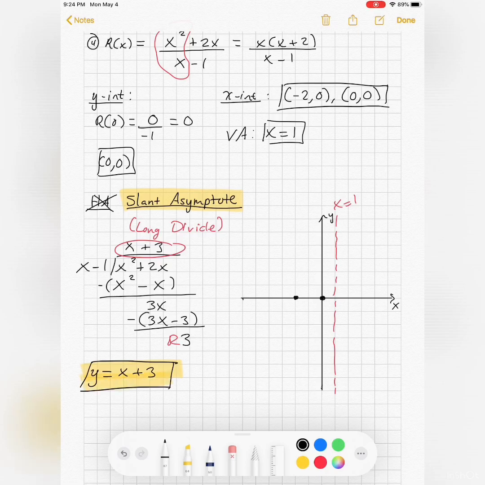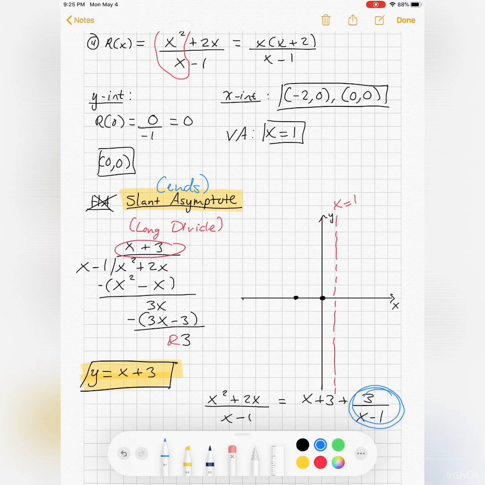I was just curious, why is it in this context that the remainder doesn't matter? Because if I actually wrote out the long division, here's what it would look like. But the slanted asymptote, remember, tells me what happens on the ends of the graph. So x is a very large number in magnitude.